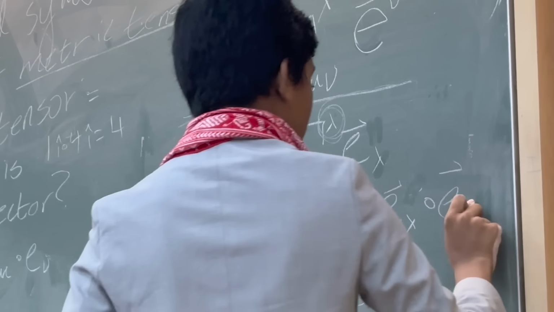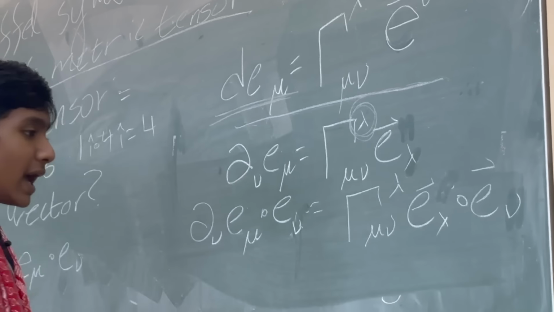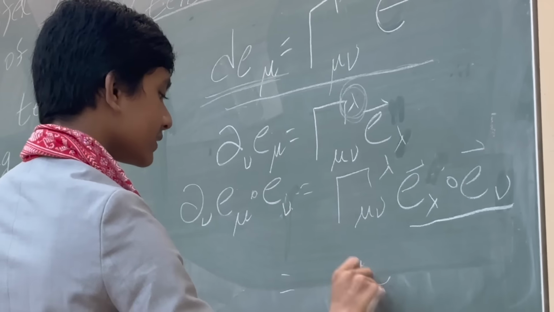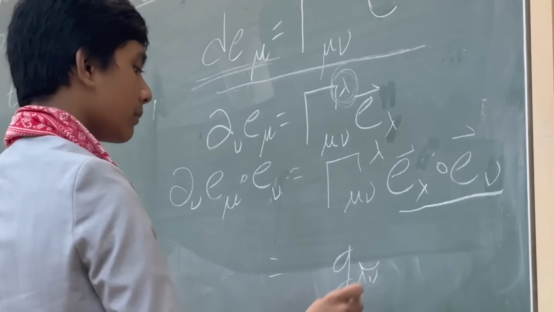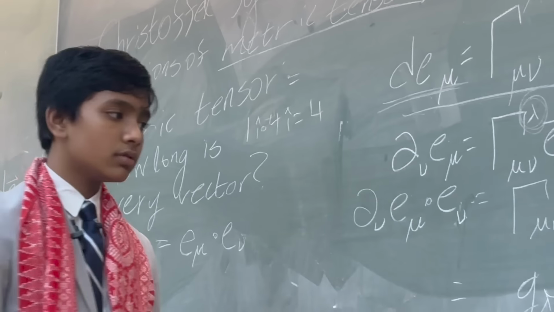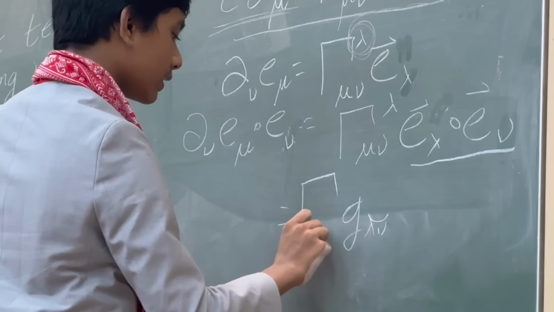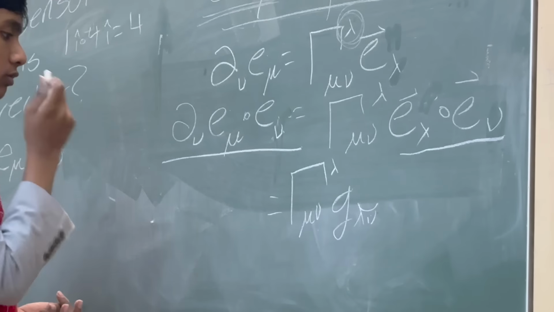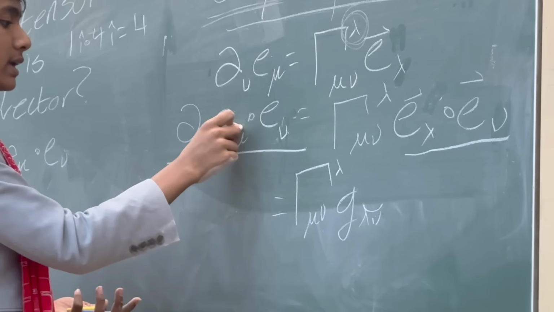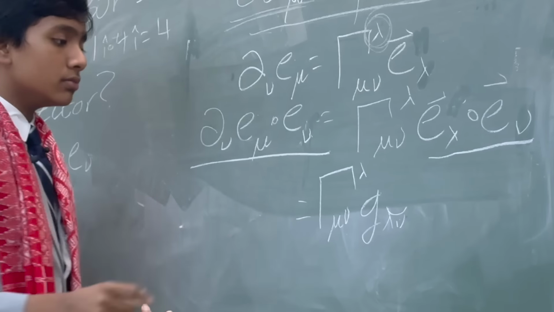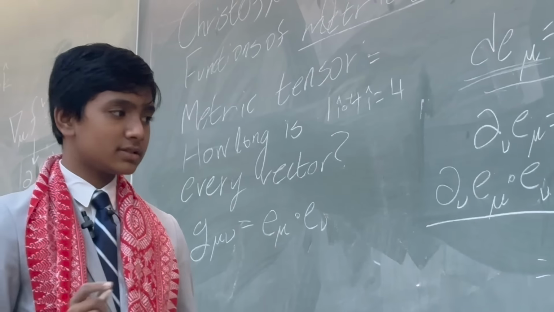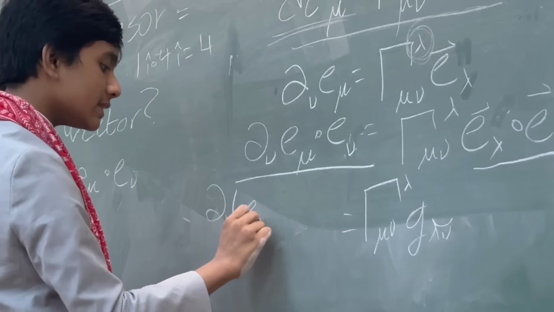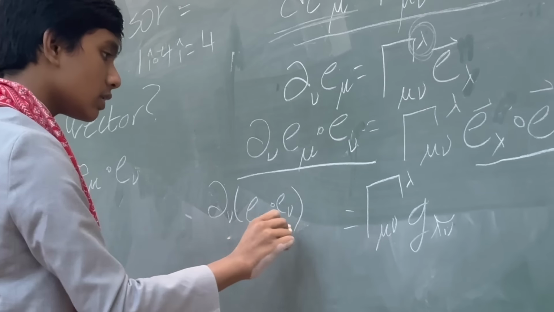By now, what we get is that this, of course, we already know the definition of this. This is g, the metric tensor, lambda nu. And right here, we also have e_mu dot e_nu. e_mu dot e_nu, this is a tongue twister. So eventually, by the product rule, what we get is that this is equal to this.